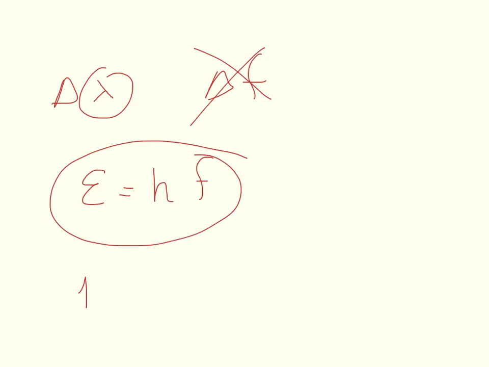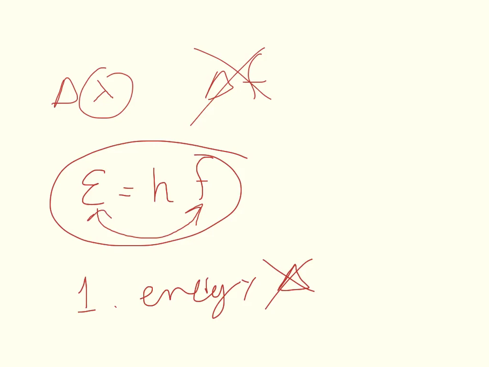So for the first part, energy does not change. And second of all, we see from this equation that the energy is proportional to the frequency. So the energy is proportional to the frequency is part 2.